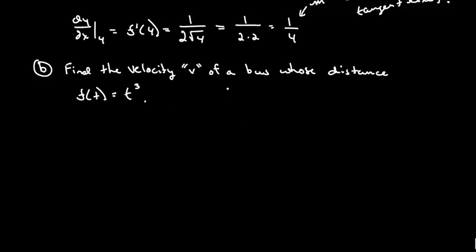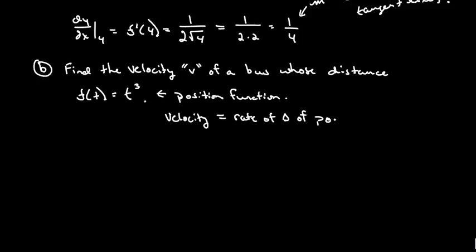What we're looking for is the velocity. The velocity is going to be a new function. So we've got a position function. This is really called a position function. We need to find the velocity, and the velocity is the rate of change of position, which is the derivative of the position function.